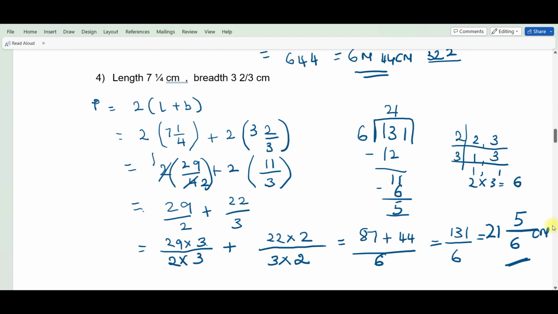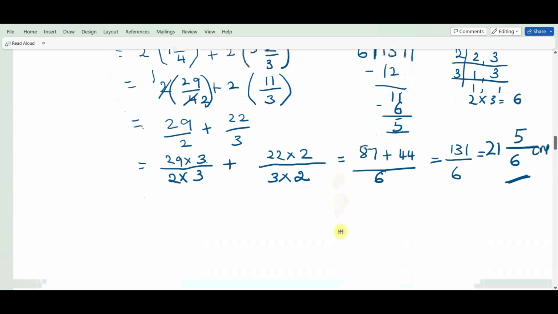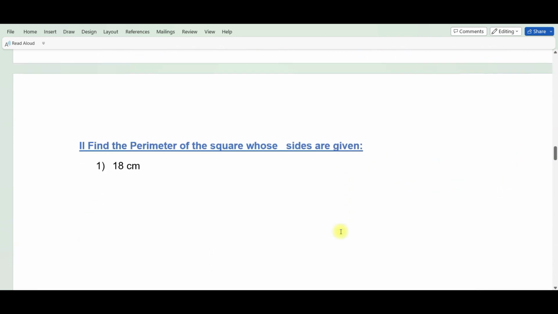Okay, so I've covered all the variations of the questions given in the first main, to find the perimeter of a rectangle. So let us move forward, and the second main is to find the perimeter of a square whose sides are given.